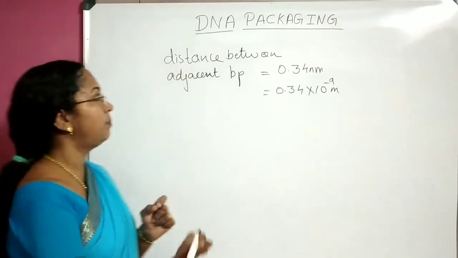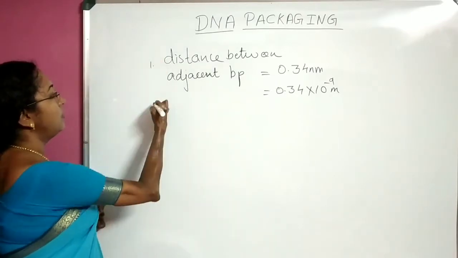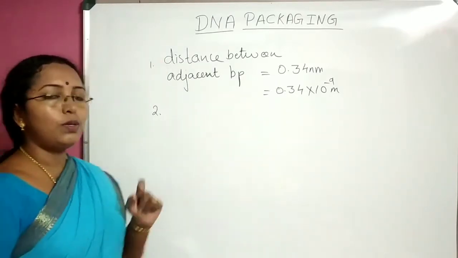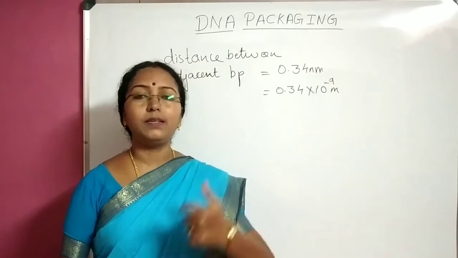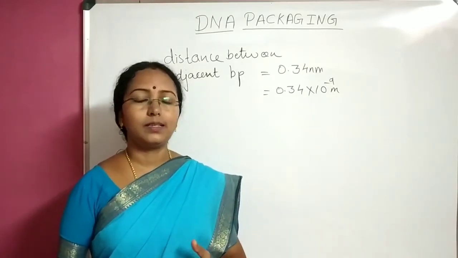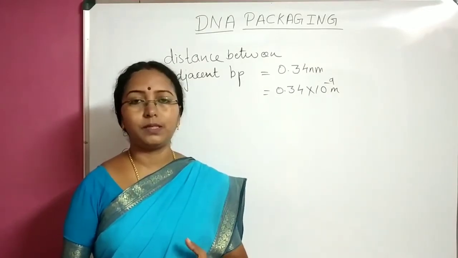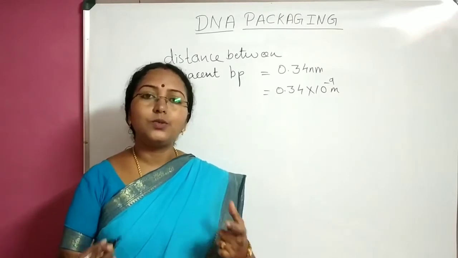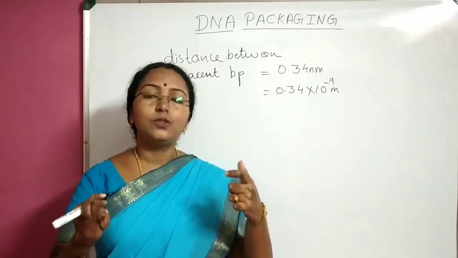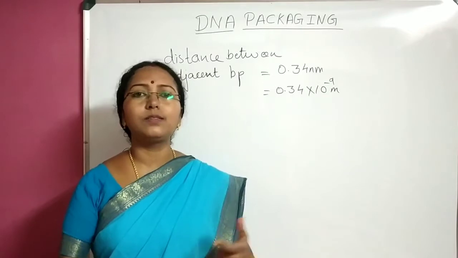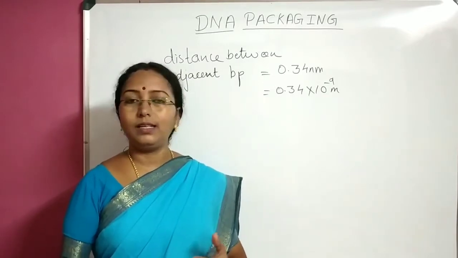Now the next point that we must know is, what is the total number of base pairs in our DNA? Is it 10, 12, 100, 200? How many base pairs do we have? Any idea?